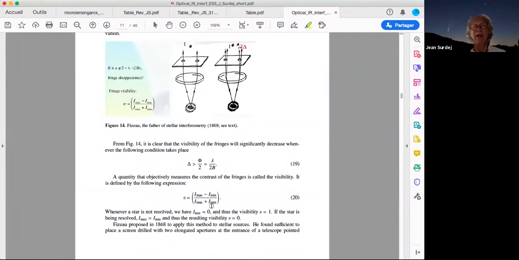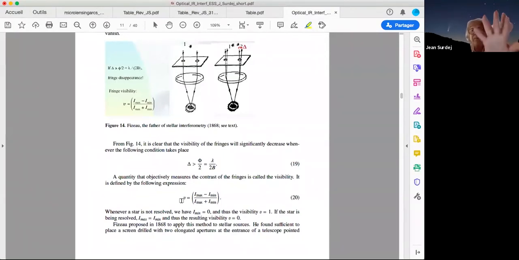Now let's assume that you don't resolve a star. So it's point-like. We know that we would see bright and dark fringes, and that the dark fringe would have a 0 intensity. So if you set I min equals 0 in the numerator and in the denominator, you would find that the visibility would be equal to 1. So whenever you don't resolve a star, you see very bright fringes and dark fringes, the visibility is equal to 1.